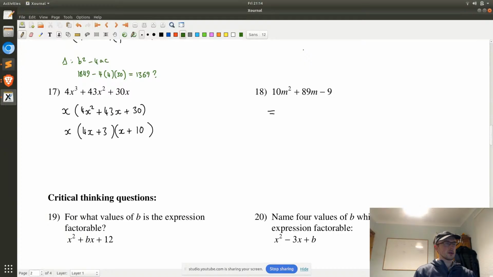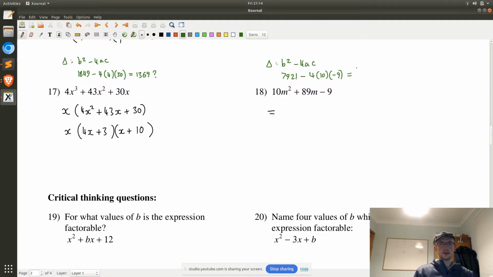And then here, we'll do the discriminant one last time, just for fun. Because I need to practice my squares. 89 squared. So that's 64 add 144, 784, 7921. Take away 4 times 10 times -9.